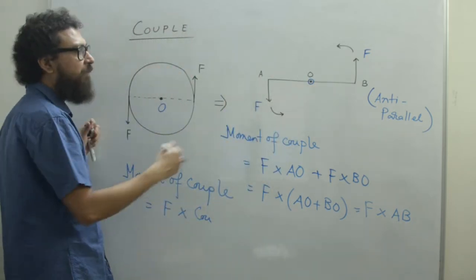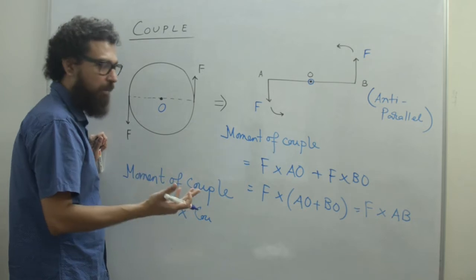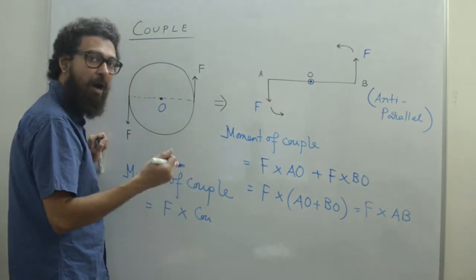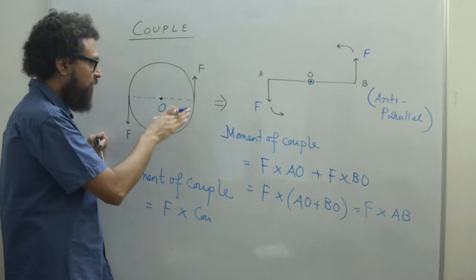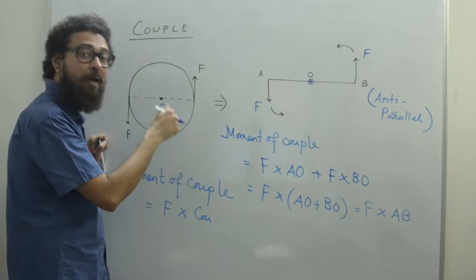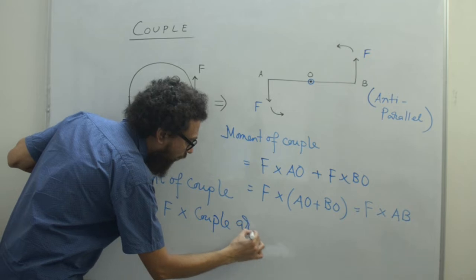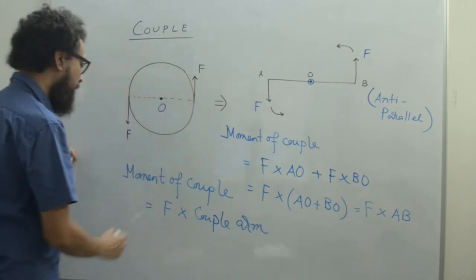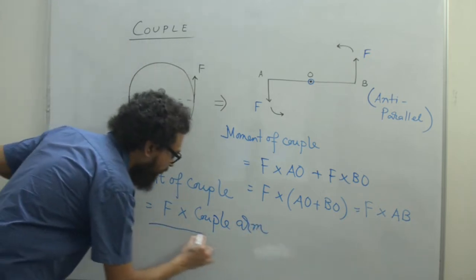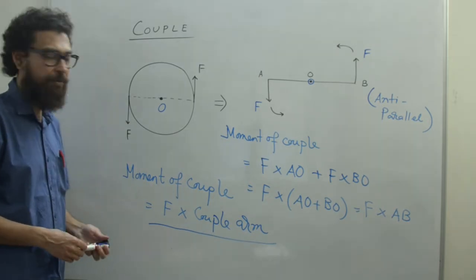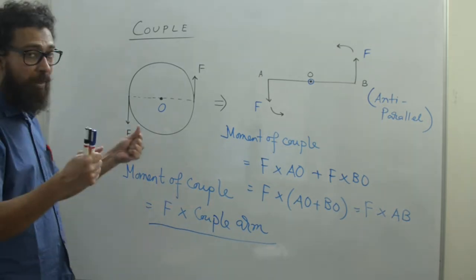We have given it a term, nothing very difficult. We call it the couple arm. So this is the expression for the moment of couple: the magnitude of either force into the couple arm.